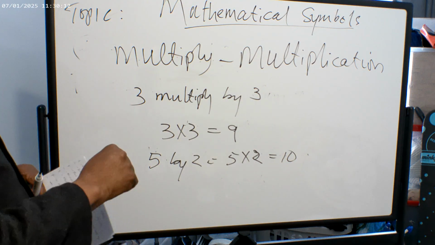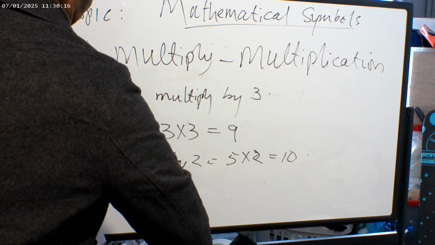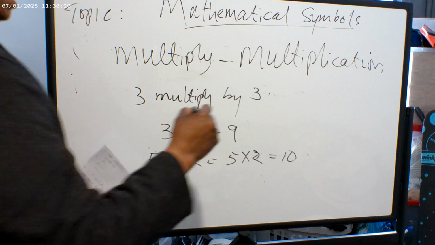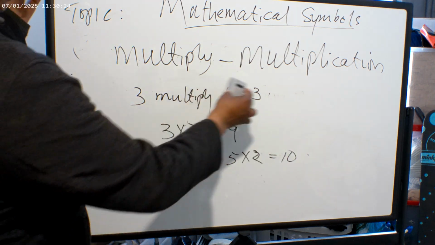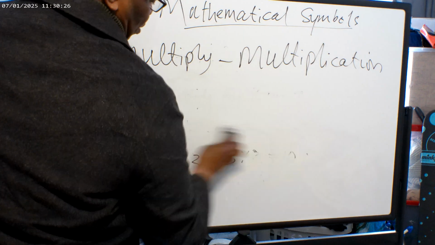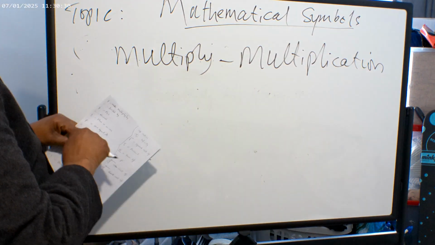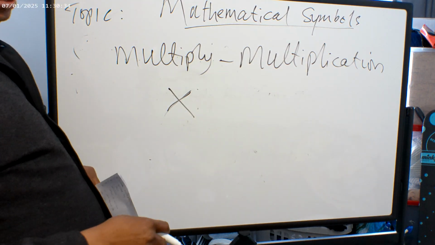So this is one of the signs you have to take notice of. And the mathematical sign for multiplication, I have to write it. This is the sign for multiplication.